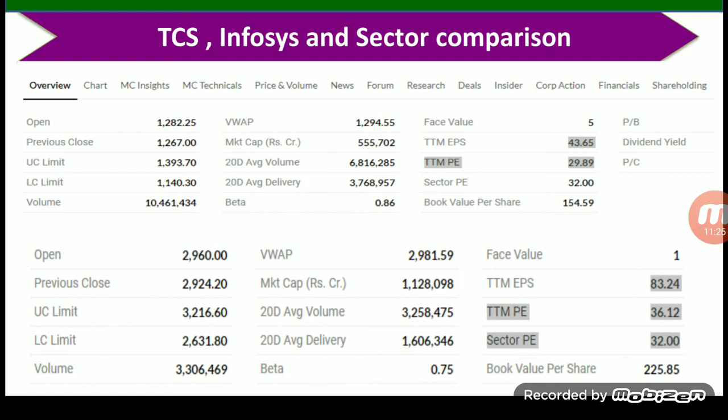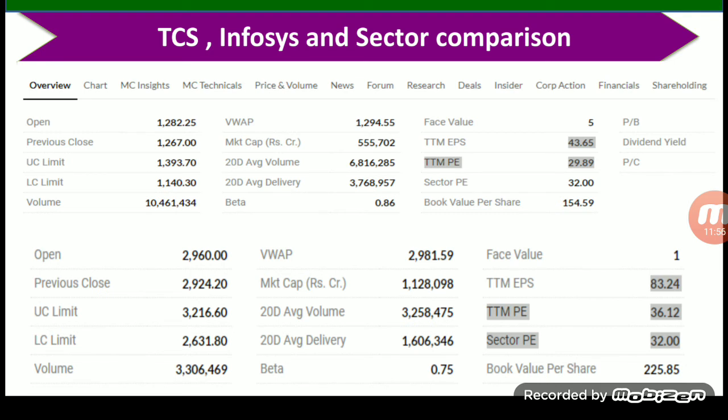But keep in mind that only on the basis of P ratio we cannot decide whether it is cheap or expensive, because TCS is expensive, maybe it has that much premium or that much quality, and it gets the benefit of brand value.